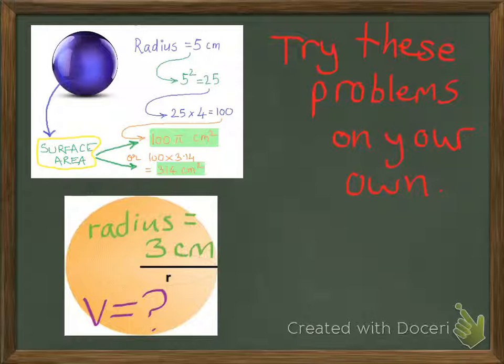Okay, so the volume for this would have to be solved like this. First you write the formula. Then you would plug in the radius.